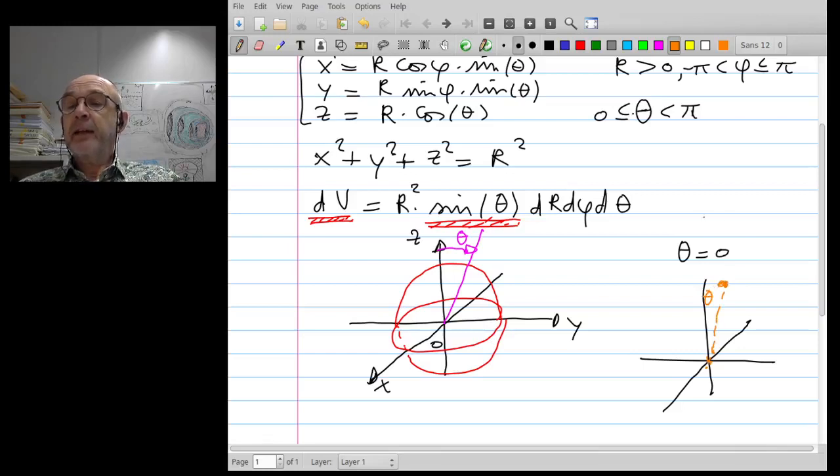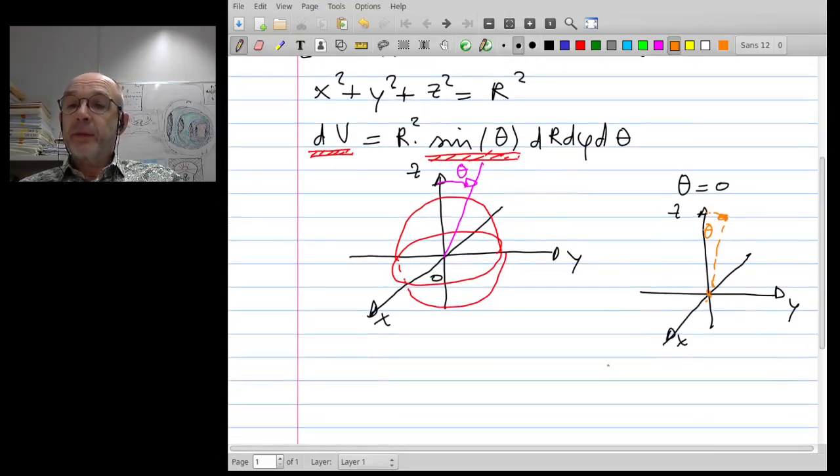You have the theta, and if that theta goes to 0, then the volume, that dV, goes to 0. And that can only be done by the sine of theta.